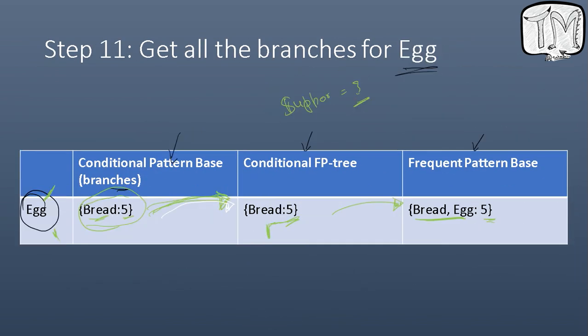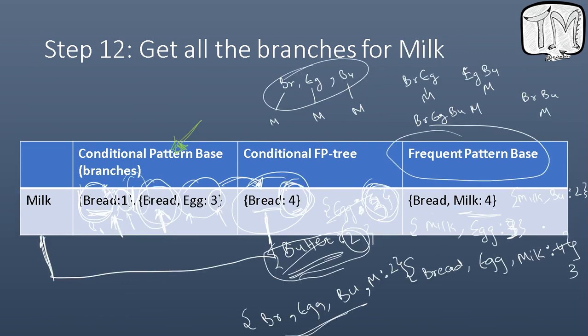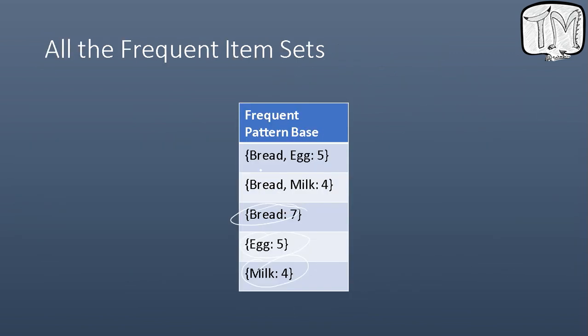Then we have the combination of bread and egg here, which had a frequency of 5, and another was bread and milk, which had a frequency of 4. So in total we have 5 frequent item sets.